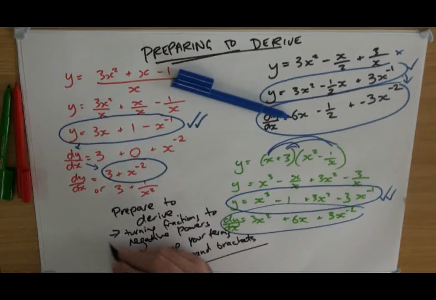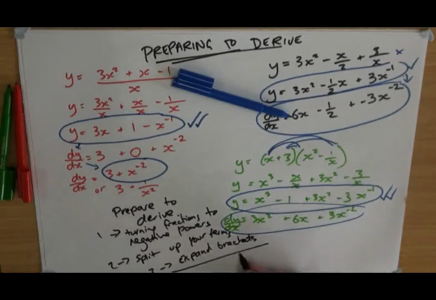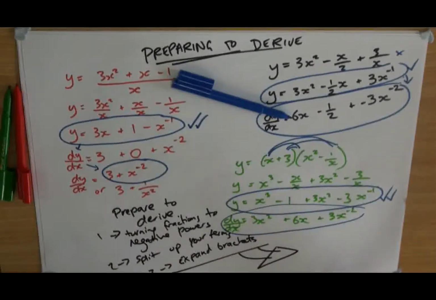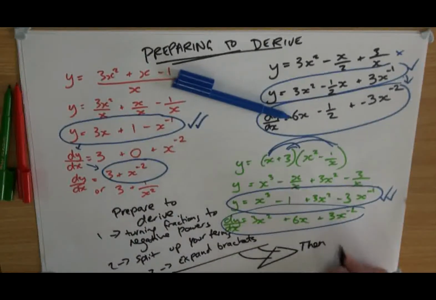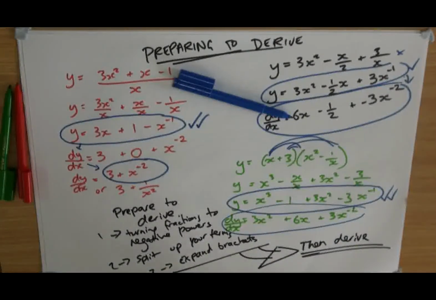If you can do any of these things, then that is your preparation to derive. And then, after you've prepared, then derive. That's the basic rules.